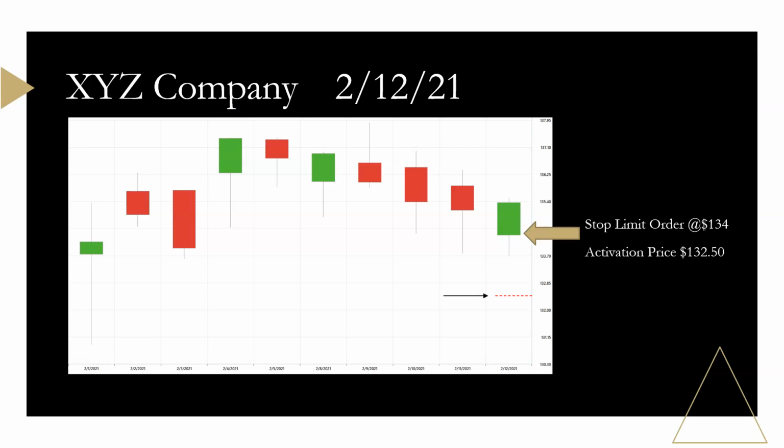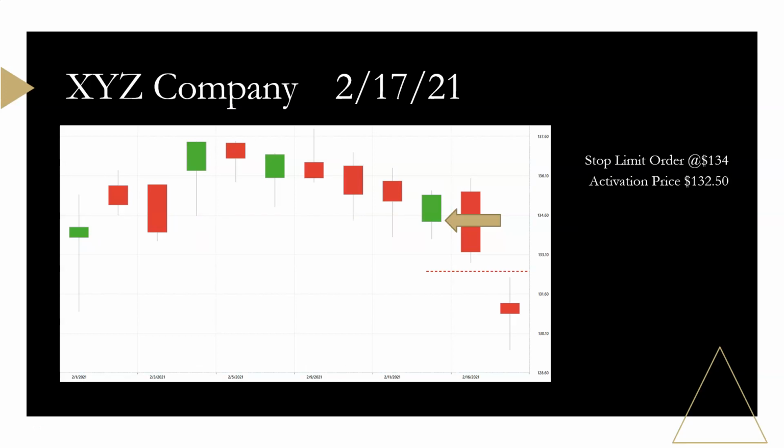Well, here's the problem. On the 16th of February, the price hit a low of $132.79. And on the 17th, well, it opened at $131.25. This is the difference between a stop market order and a stop limit order. A stop market order will execute at the next available market price.